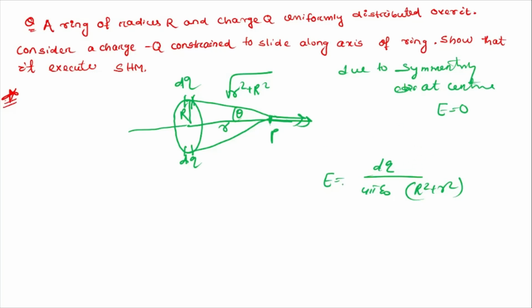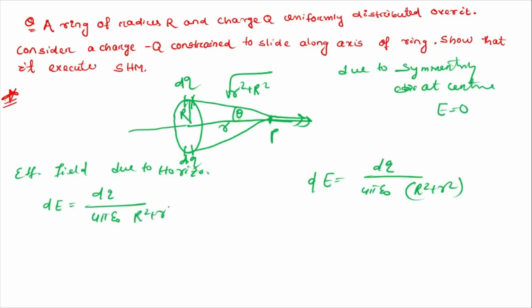So the effective field due to the horizontal component is dq over 4 pi epsilon naught r square plus r square, times cos theta.